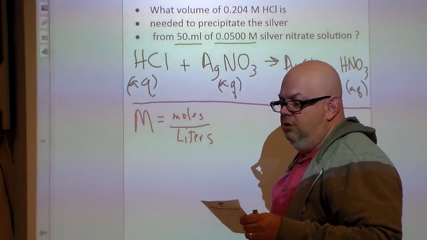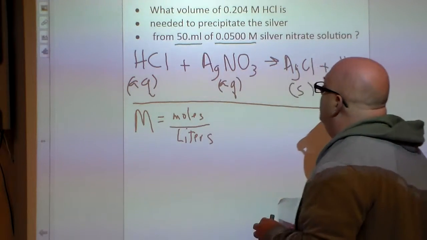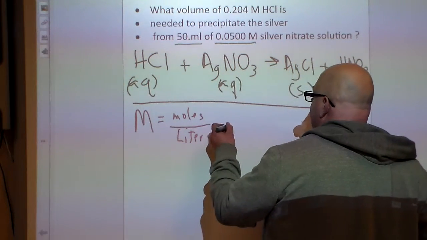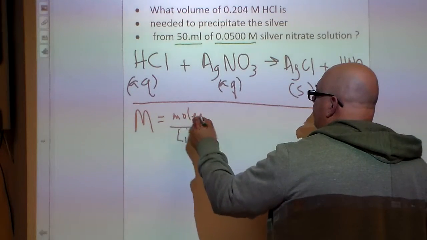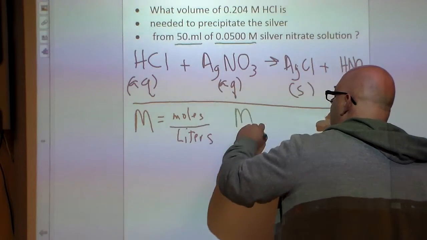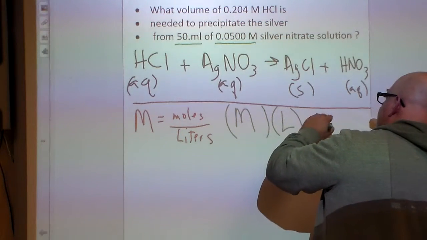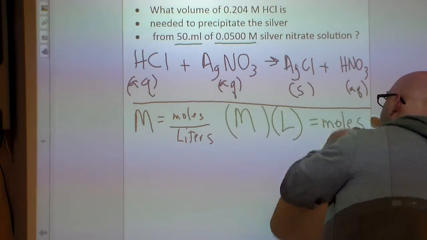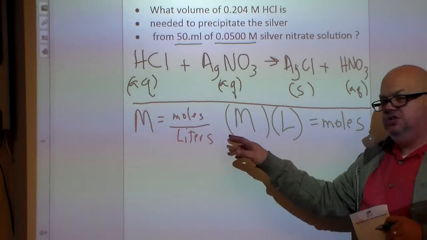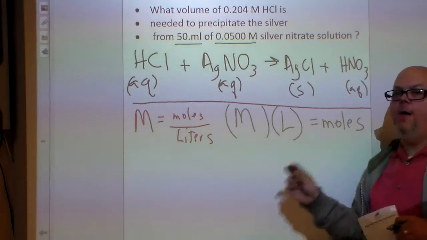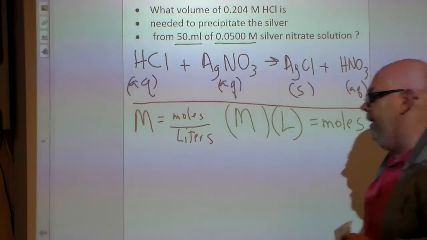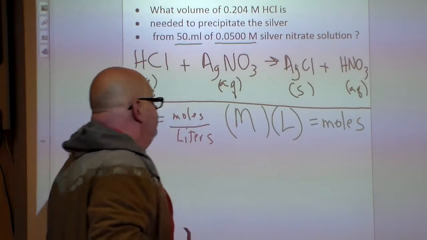And what in the world is that going to get us? Well, in this case, to get moles, we have to go molarity multiplied by liters. Notice how I took the formula and wrote that out, because I want to know where I'm going with this.